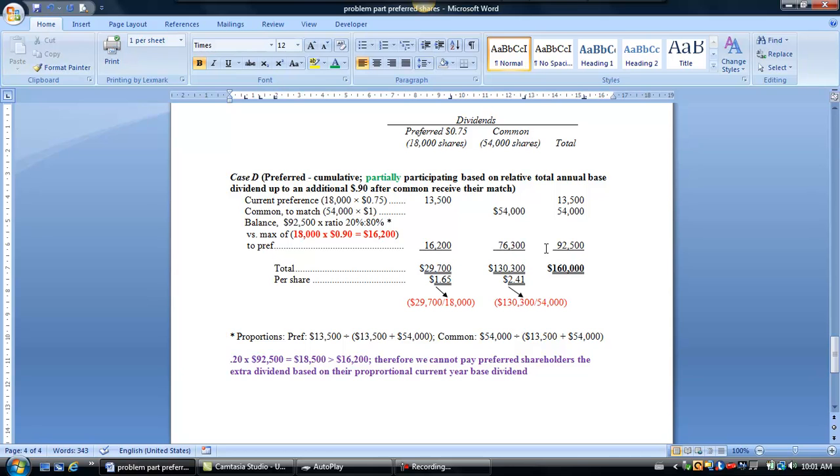So now the common are getting $130,300, and on a per share basis, that's $2.41. Far cry from $1 a share, but that's because they got this big balloon payment because the company actually declared a dividend of $160,000, and preferred shareholders got part of it, so the common got the balance. So now that concludes our review of participating preferred shares and dividend allocation.